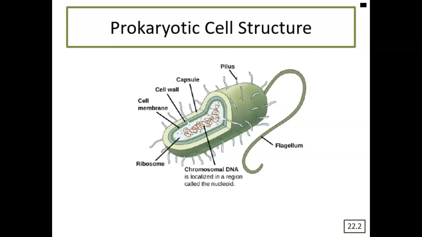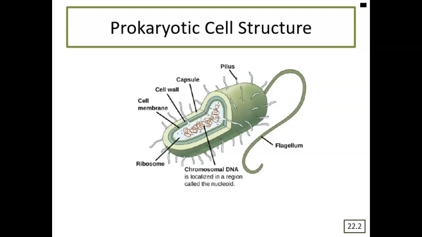Ribosomes are present. And then some have a flagellum that they can use to move. So not a lot of parts to the structure, not as much as we see in a eukaryote, but don't get misled into thinking that they're simple. Just because they're simpler doesn't mean they're simple. They're able to carry out all the functions of life in that single cell.